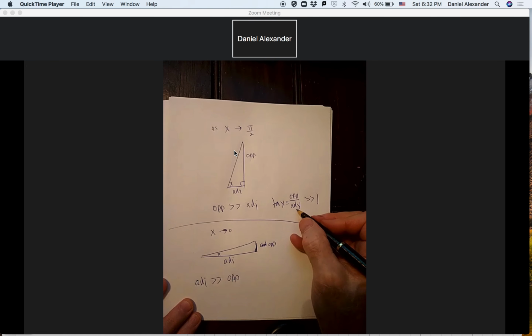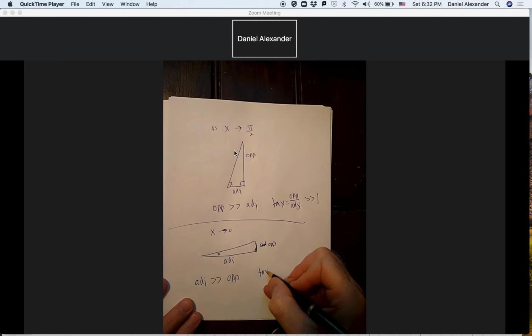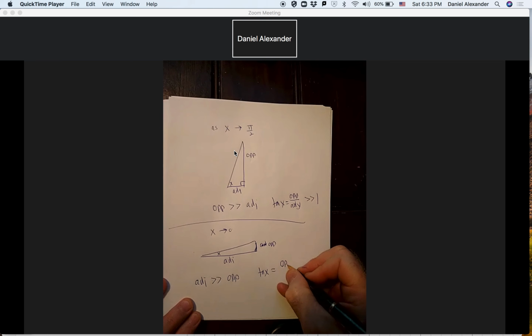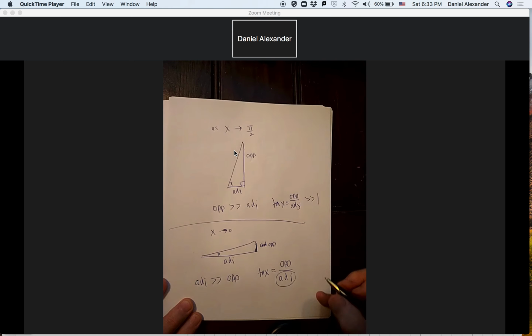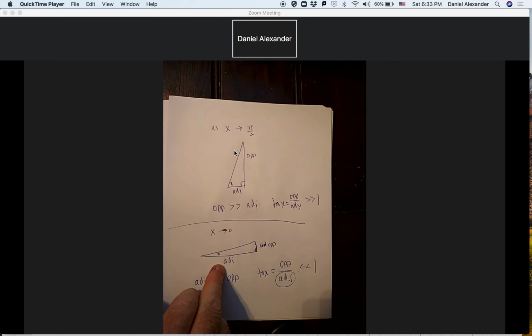So that means the bottom is bigger than the top. This is much bigger, so that means the ratio overall is going to be much less than 1. Okay, so when you have the double, it's kind of like emphasizing the size difference. Anyway, I just wanted to point that out, and we're going to look at Desmos in a second.